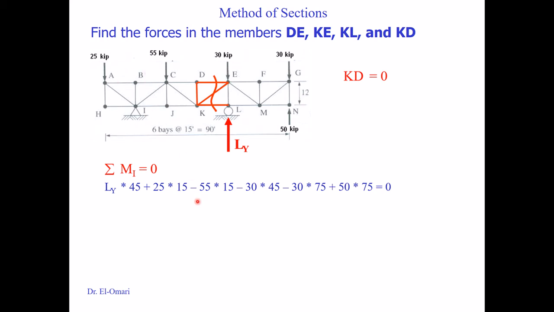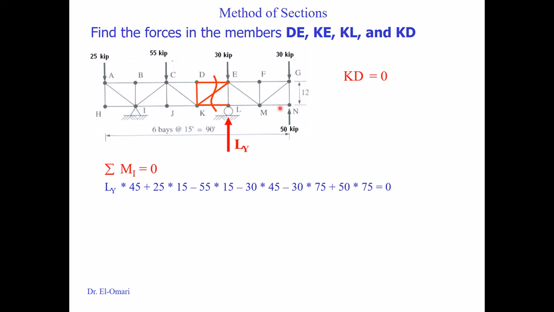and then 55 rotating clockwise negative, then times also 15, and then you have 30, that force multiplied by the moment arm, which is 1, 2, 3 bays times 15 is 45, rotating clockwise negative about the point I. And then you have this 30 multiplied by the moment arm, extend the line of action, and then this all is the moment arm perpendicular to it, so it's 5 bays times 15 is 75, rotating negative.